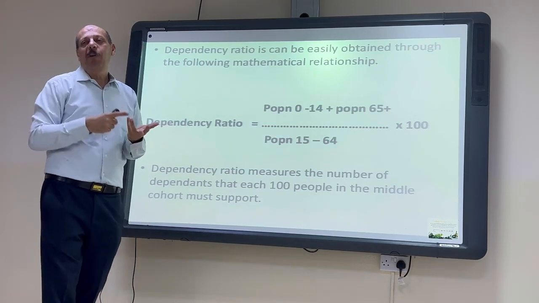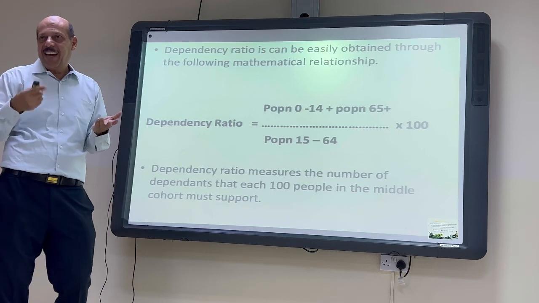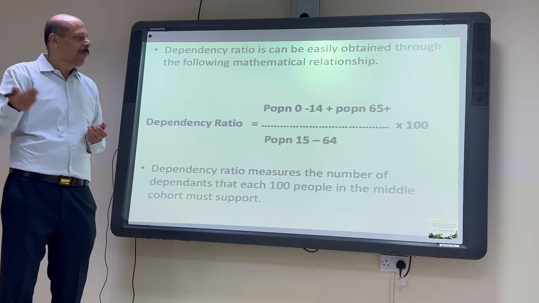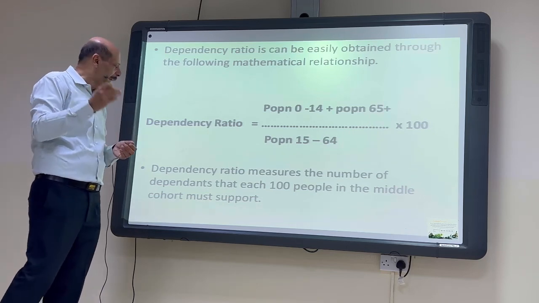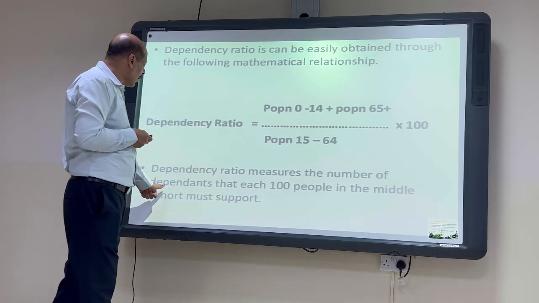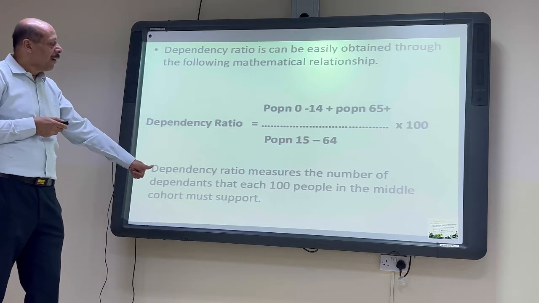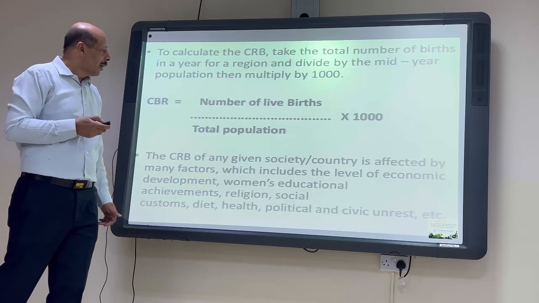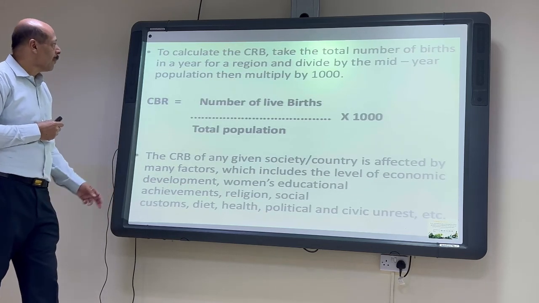So it depends upon the health care, and also upon the fertility rate within the community. There are many factors. So the dependency ratio measures the number of dependents for each 100 people in the middle cohort, those who are supporting.